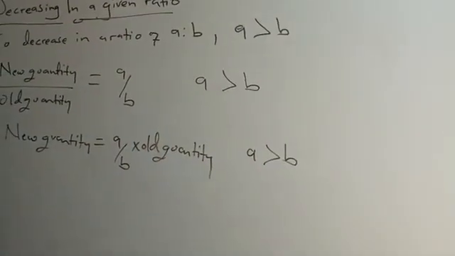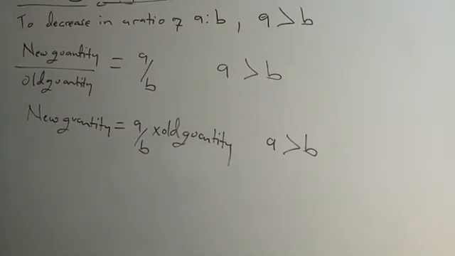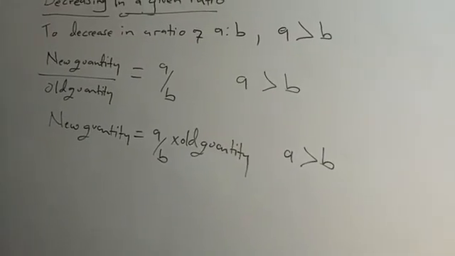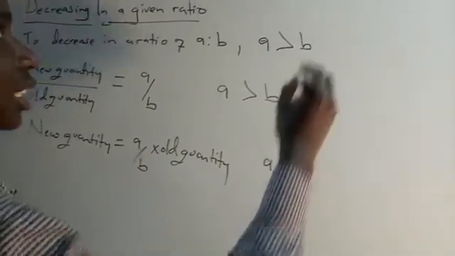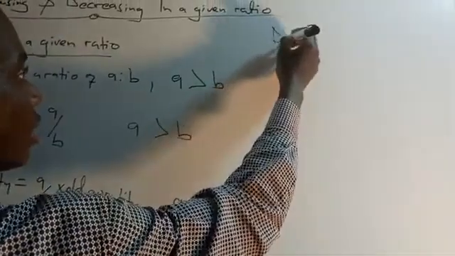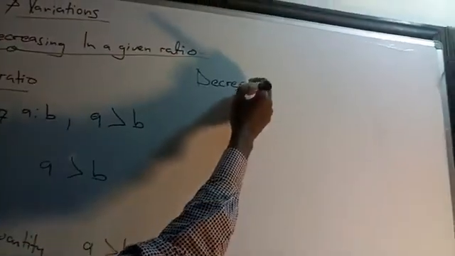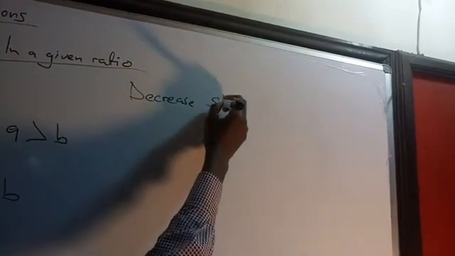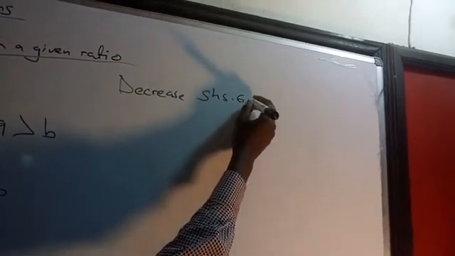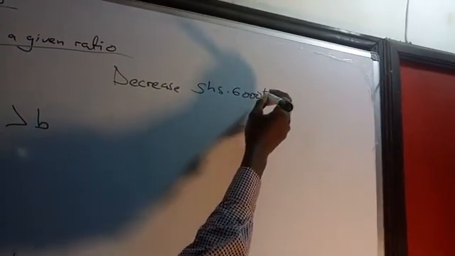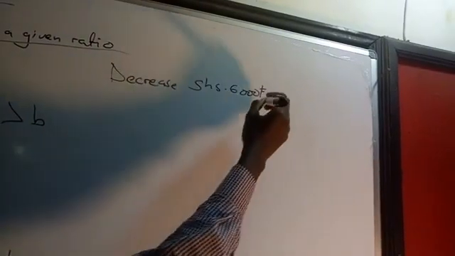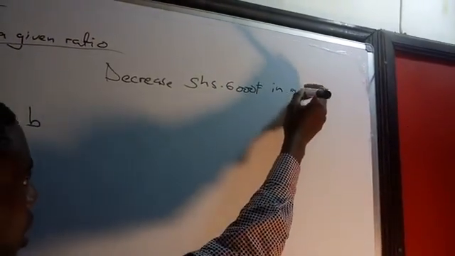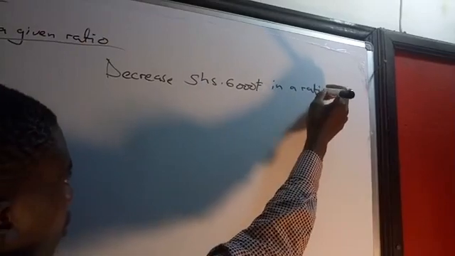So let's get one example from that, which says decrease shillings 6,000 in a ratio 5 to 6.